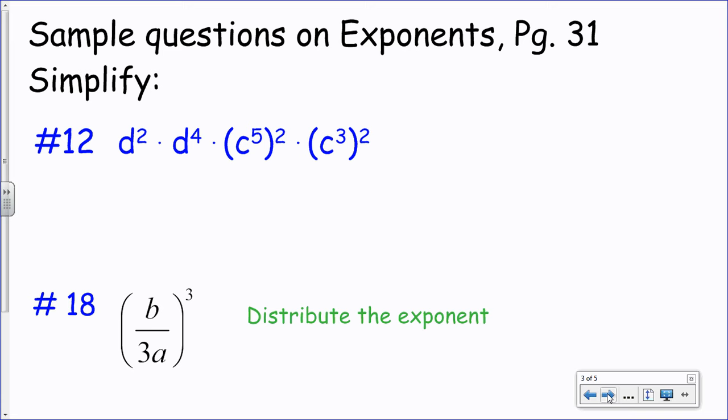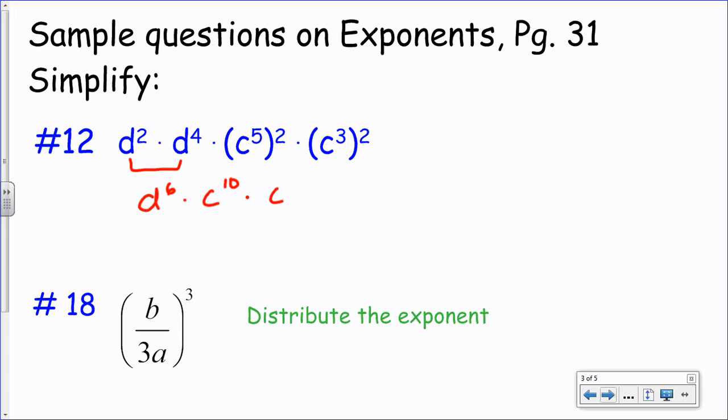Okay, so I see I have a common base that I'm multiplying. All right, so d squared times d to the 4th will be d to the 6th, okay, times. Here I have to multiply, so c to the 10.